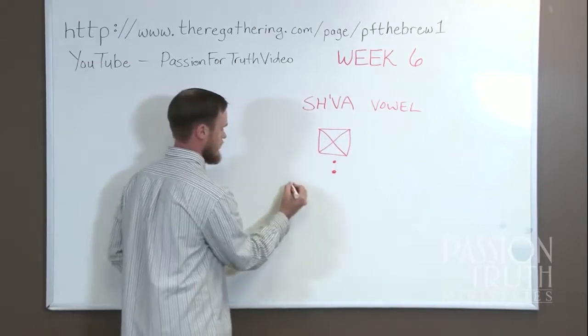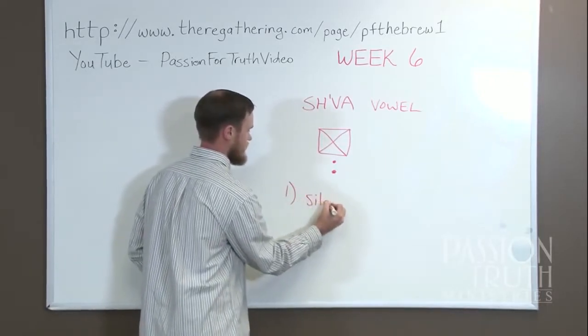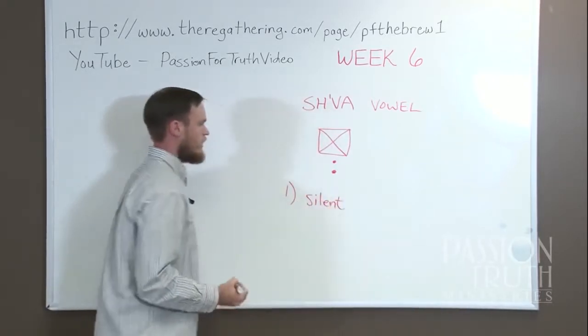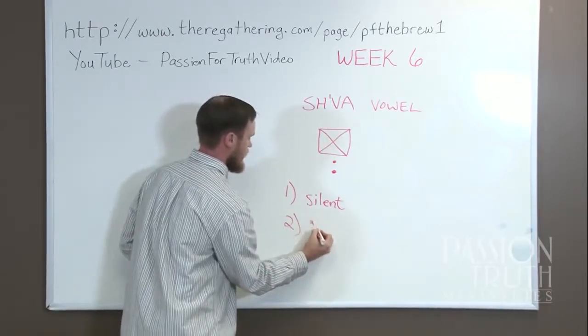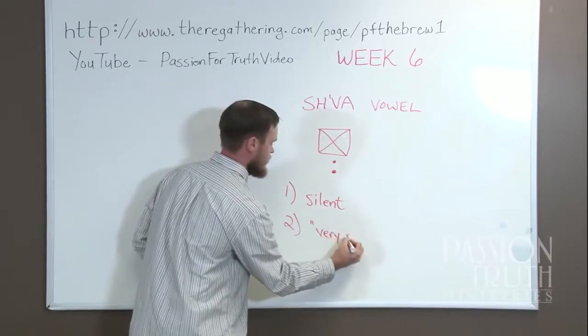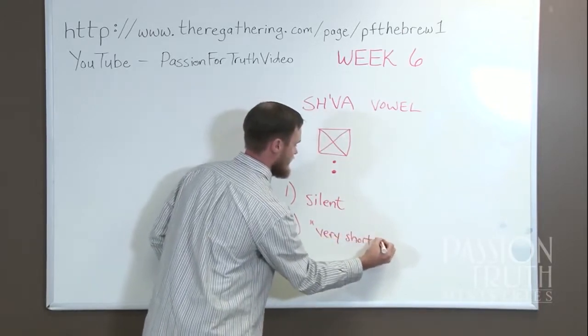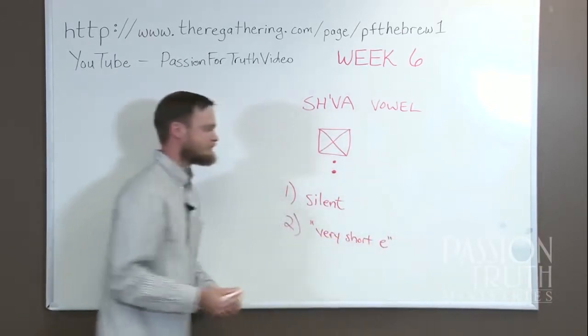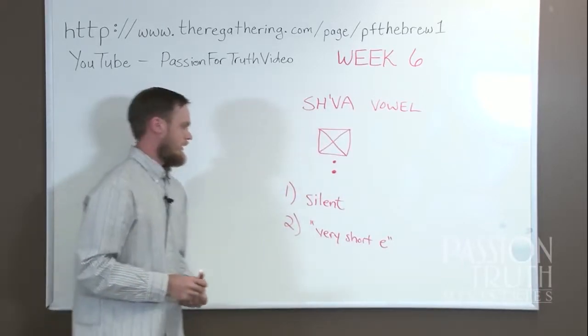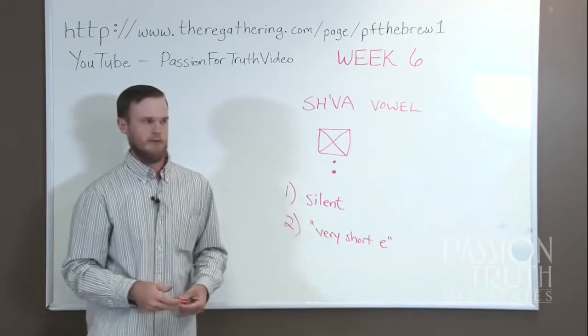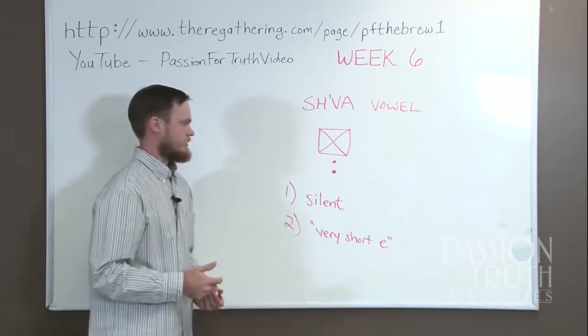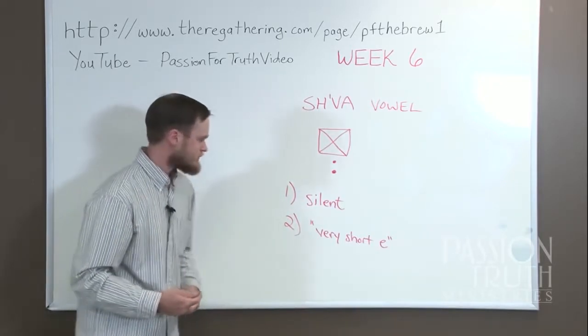It can either be silent, or what I would call a very short E. It's barely a sound at all. It's just a little eh. Okay, it's not even a full eh. It's just kind of a squeak almost.